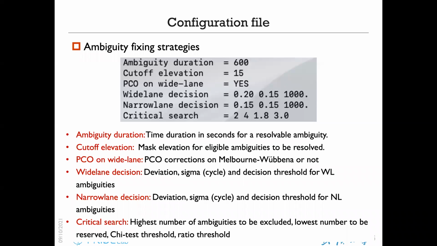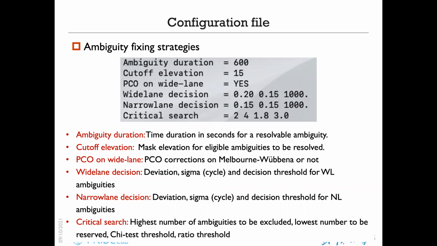With short periods of data, for example just a few seconds, it's very hard to have a reasonable estimate for that kind of ambiguity, because you don't have a long period of data, and then the ambiguity estimates cannot converge in the least squares, and its precision is low. So in this case, it doesn't make sense to expect a high probability of resolving the ambiguities correctly. So we must indicate the least duration for an eligible ambiguity to be resolved.